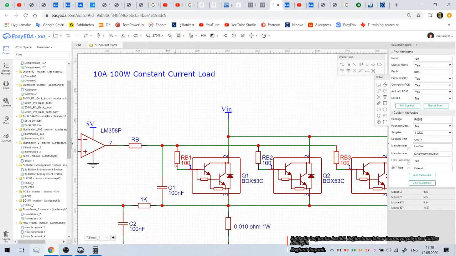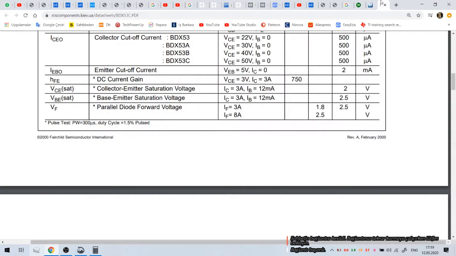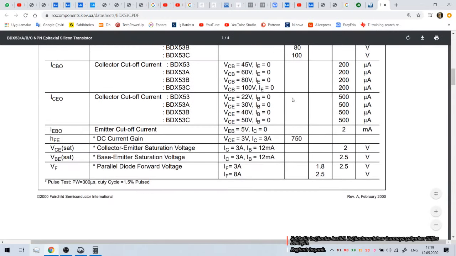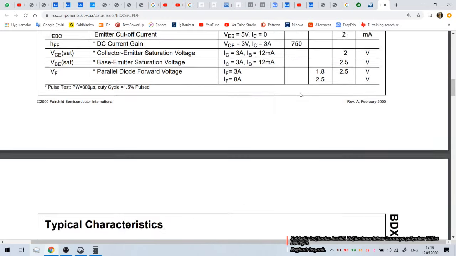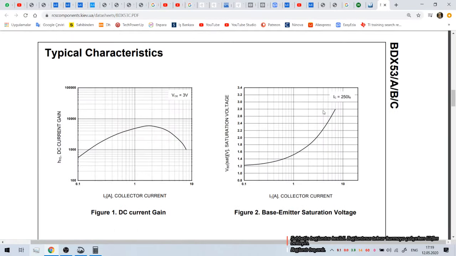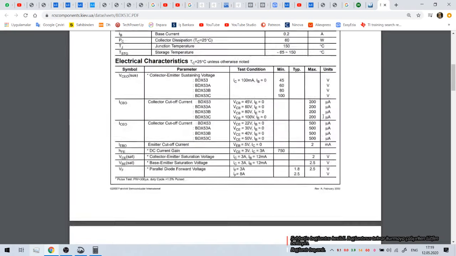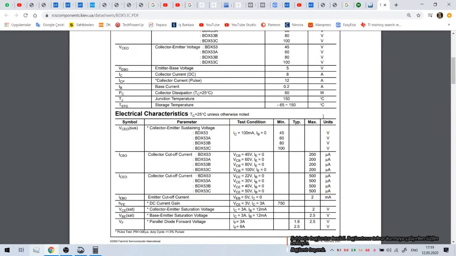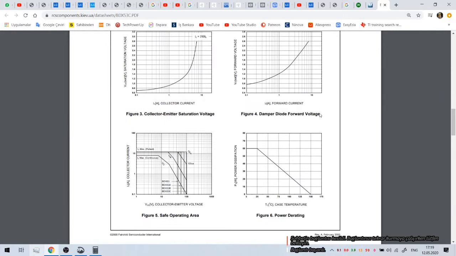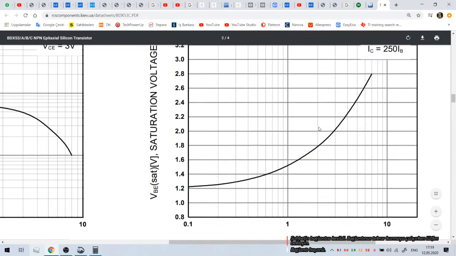For current flowing here, okay, wait a second. I want to take a look again. Yes, this is typical.